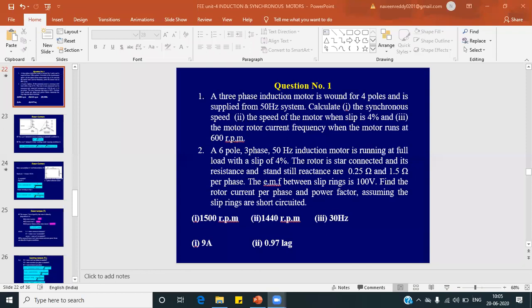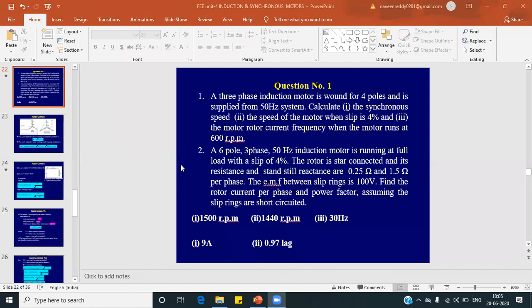Next doubt is about synchronous speed and relative speed between the magnetic field and armature winding. Roll number 18, I will confirm one thing: in the induction motor, there is no concept of armature winding.